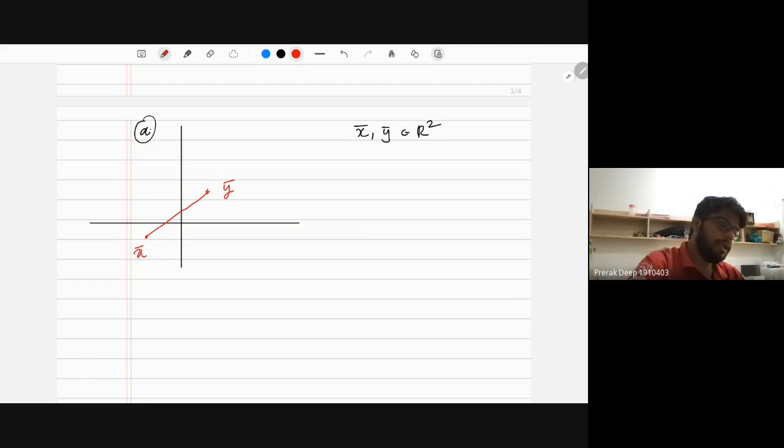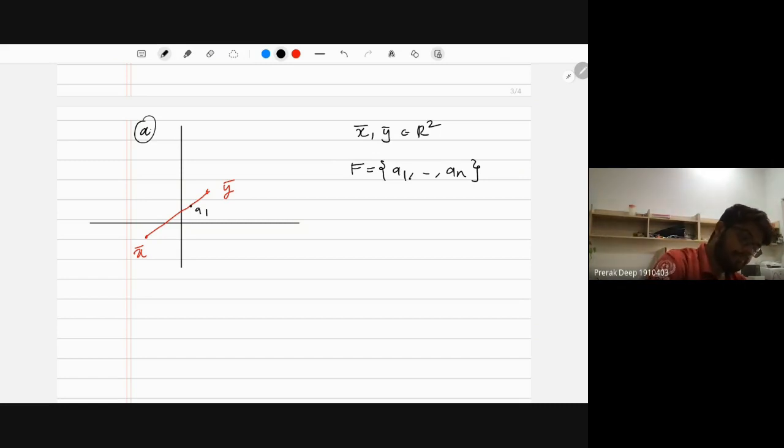It is clear. But it may happen that this straight line passes through one of the points from the finite set. Let's say your finite set has A1 up to An, many points. Suppose this line passes through A1. So what do you do? You bypass this point. How do you bypass? You break this line into two lines.